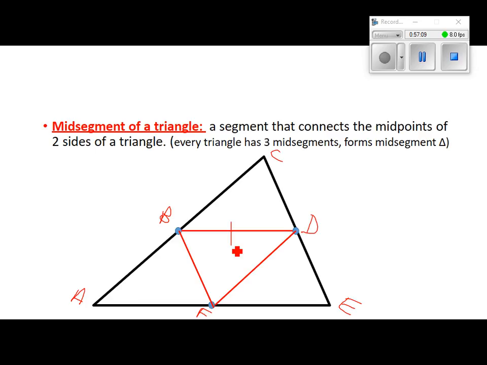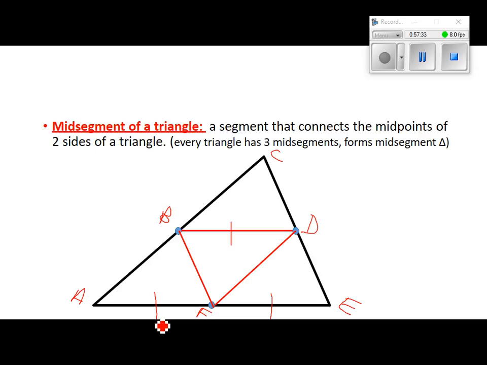BD, give me another segment that it's congruent to. F. This is a mid-segment. We know that it's half as long as this whole bottom side down here. And that's a midpoint, so what has to be true about those two and that one? They all got to be congruent.